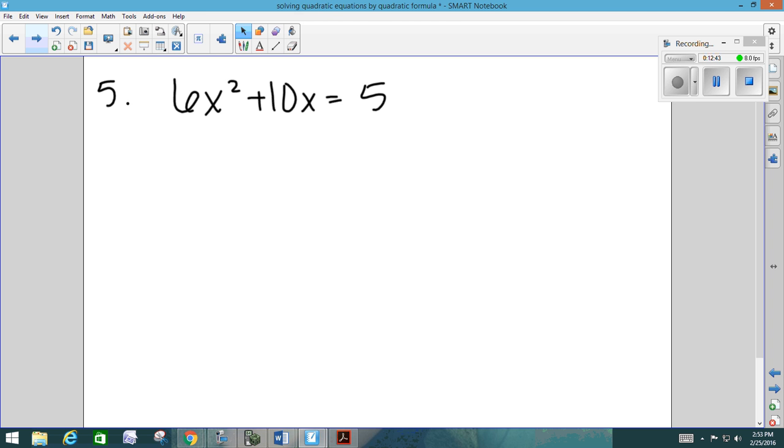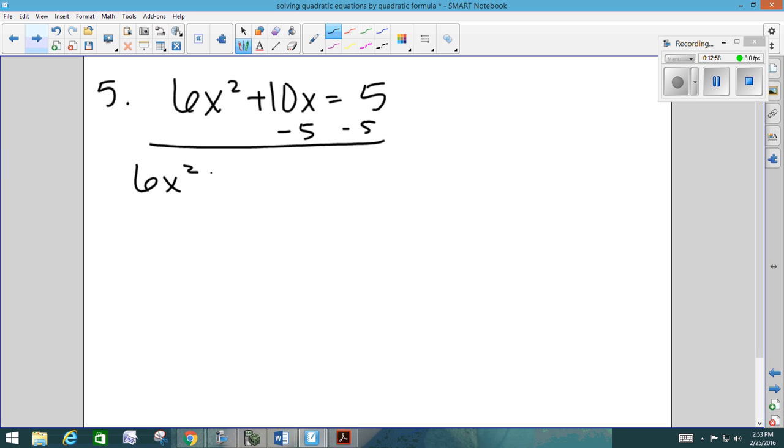Okay, so we're going all the way down to number 5 here. What's your first thing when you solve any quadratic? It's got to equal 0. Does mine equal 0? How do I make it equal 0? Subtract your 5 over. Good. So then we'd get 6x squared plus 10x minus 5 equals 0. Then find your a, b, and c values. What's our a value of this quadratic? 6.